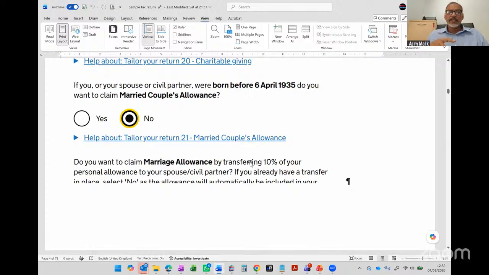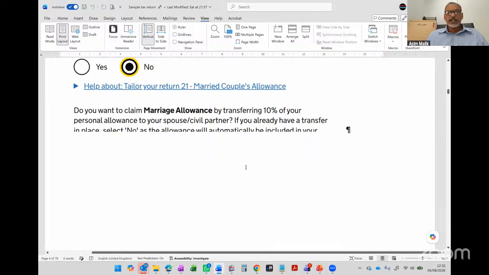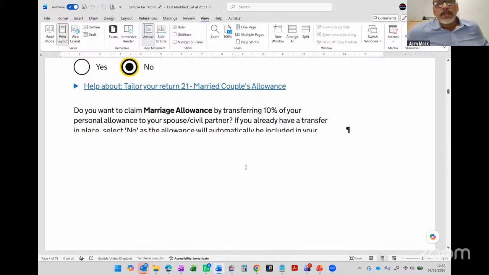So the person who's transferring that has to make a claim, और आपने फिर अपनी टैक्स रिटर्न में क्लेम करना है. सिमिलरली अगर आपके क्लाइंट ने ट्रांसफर करने हैं अपना 10% टू देयर स्पाउस, तो अगेन इन द टैक्स रिटर्न दे कैन हैव टू, जो ट्रांसफर कर रहा है उसके लिए कंपलसरी नहीं है कि वो टैक्स रिटर्न बना रहा हो.